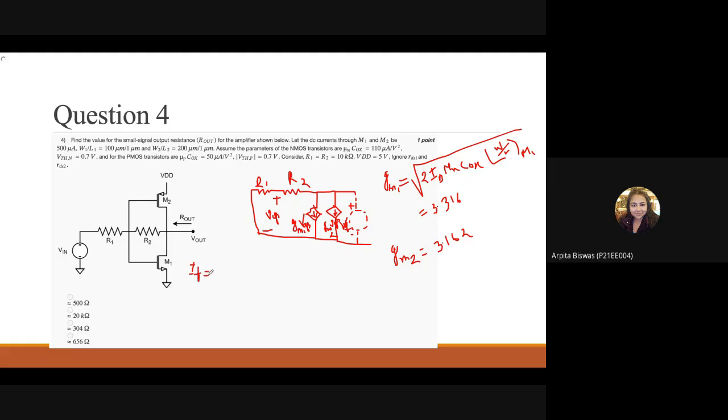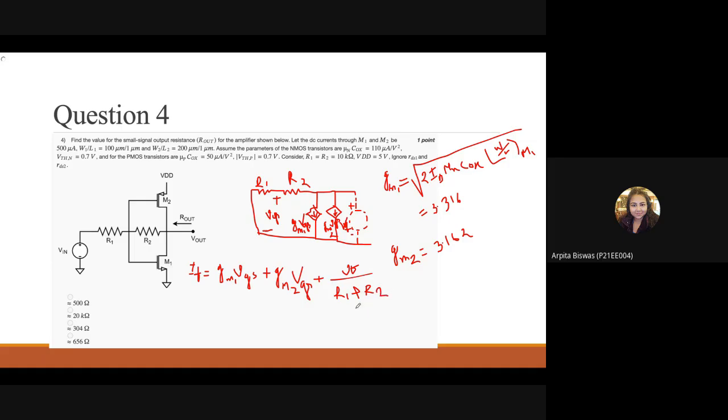IT is gm1 into VGS plus gm2 into VGS plus VT by R1 plus R2.